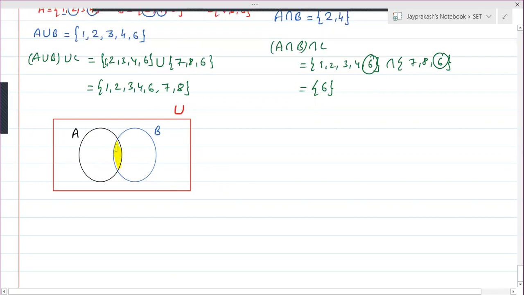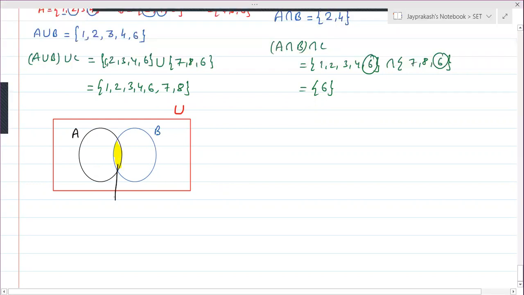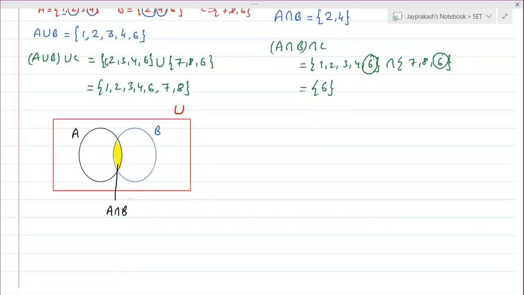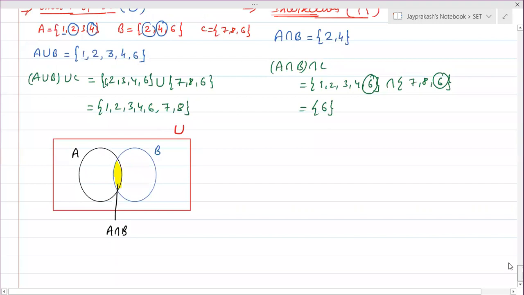I have shaded it with yellow color. So this area will represent A intersection B. Why does it represent the intersection? Because this area will contain only the elements that are common in A and B. If you write the common elements in A and B, from the above example we have the common elements 2 and 4.